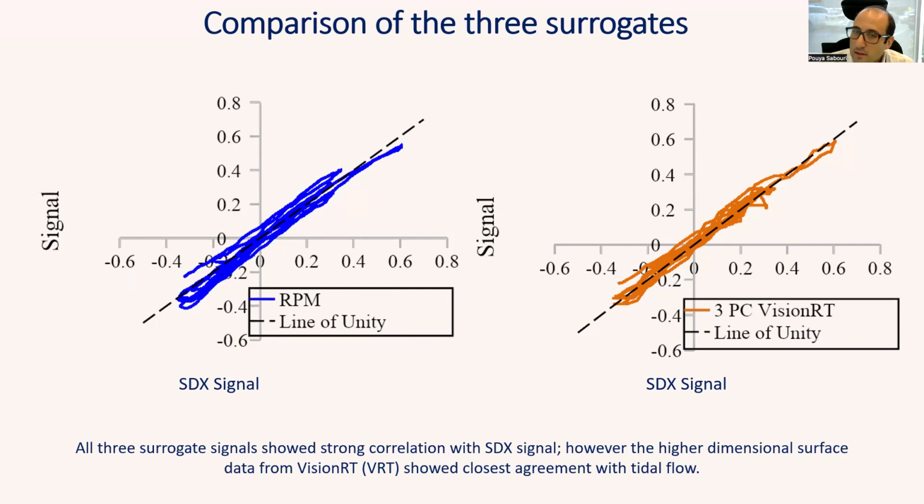On the right, you see the same comparison, but using a higher component surface estimate to estimate the volumetric tidal flow. Here you see the agreement is notably better, aligning closer to the line of unity. The results reinforce that despite all three surrogates trying to measure the same thing, the higher dimensional surface tracking offers a more accurate approximation of volumetric tidal flow.